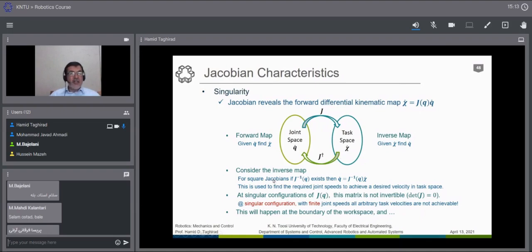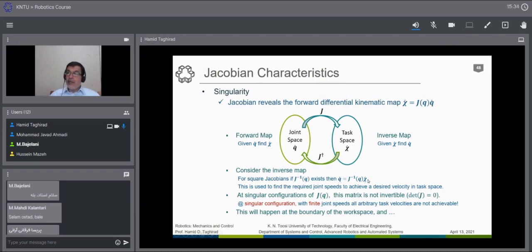If it is not square, it is a bit more complicated. We call it a pseudo-inverse, and we discuss it in the next session. Now, consider the square matrix: we have the inverse of the Jacobian, and it gives q dot.